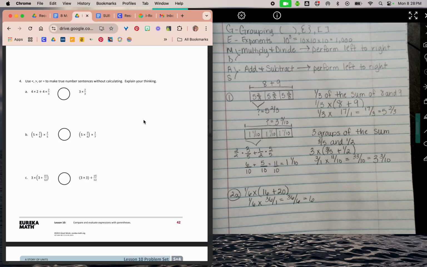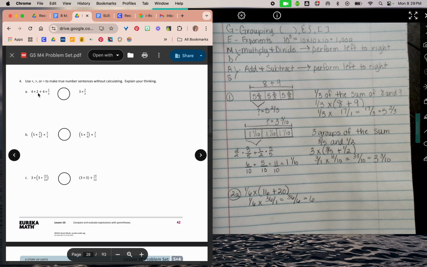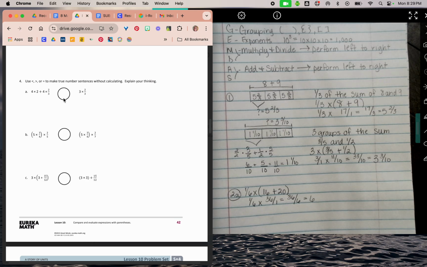And when I look at 4 times 2 plus 4 times 2/3, I can see right away that 4 times 2 is going to give me 8 wholes. So I have 8 wholes no matter what here that I'm going to add some fractional amount to. That is always going to be bigger than 3 times 2/3. So I didn't have to calculate this whole thing out. I could use reason, knowing that I'm going to have 8 wholes here, and over here I'm not going to have 3 wholes even. So I know that 4 times 2 plus 4 times 2/3 is greater than 3 times 2/3.